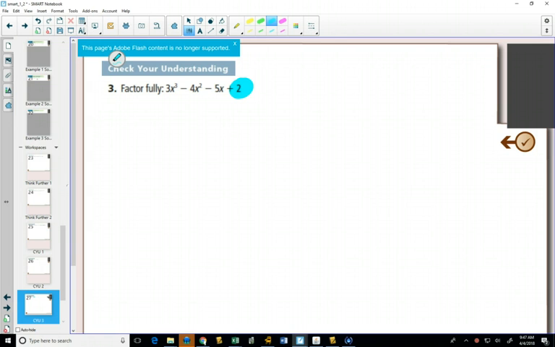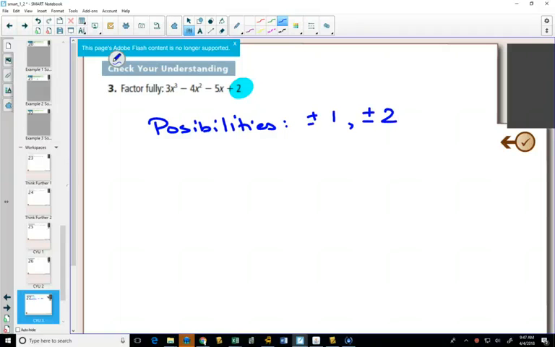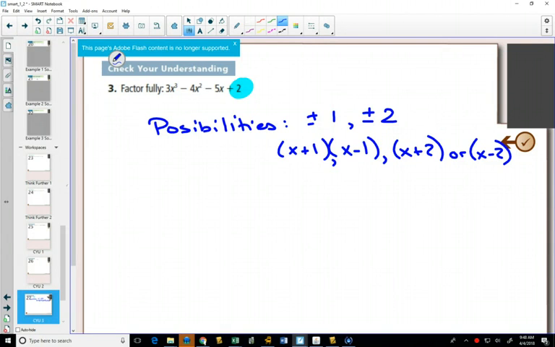So maybe we'll just right now, our possibilities are plus or minus 1 or plus or minus 2, which means that our factor possibilities, those are the only ones that are nice that could possibly work.